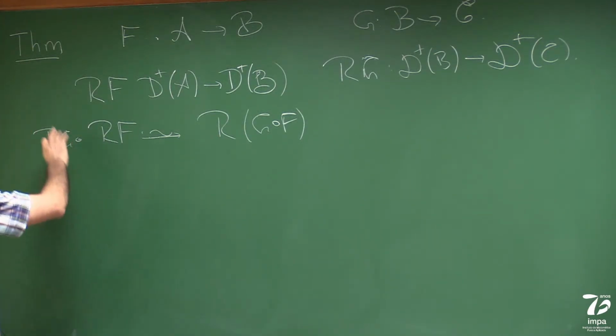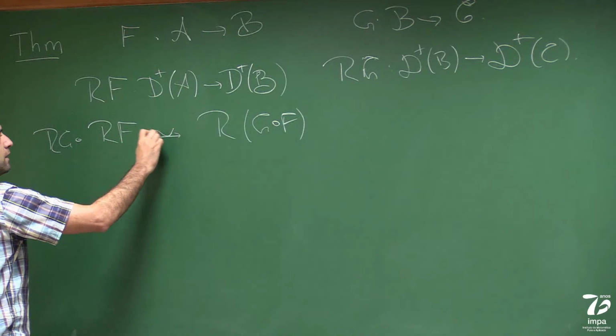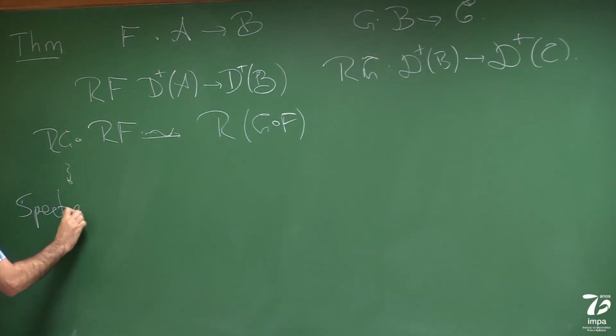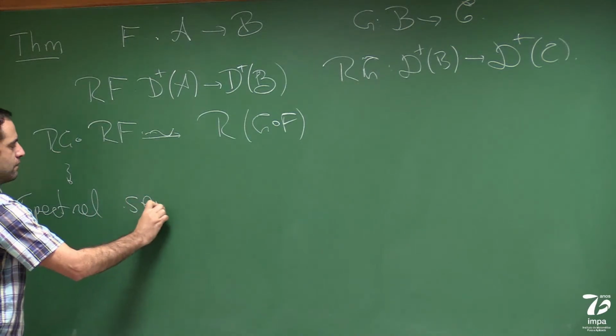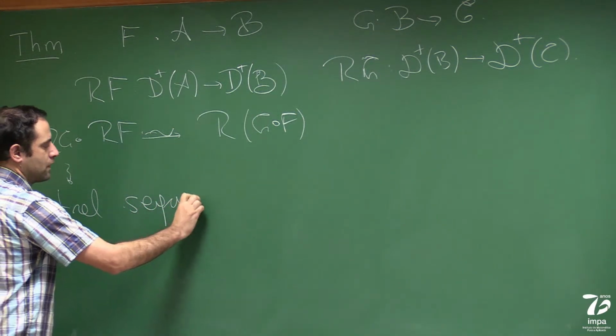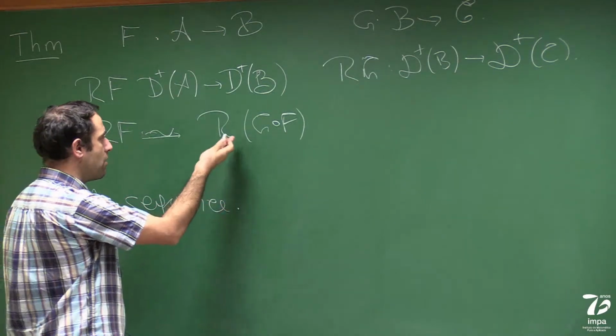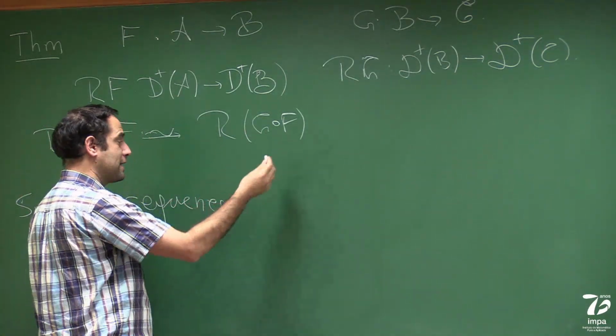But what we set up to prove is that out of this isomorphism we get a spectral sequence, and this is the useful thing. So not about just this isomorphism of functors, but actually computing the homologies of the corresponding functors applied to objects.